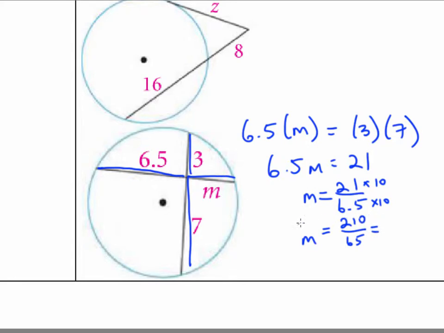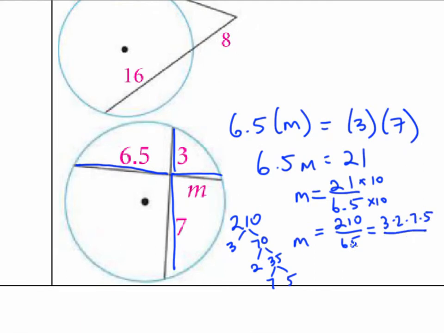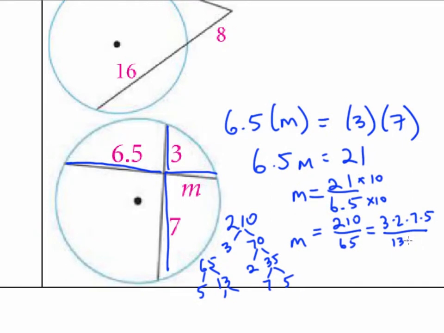So 210, that's like 3 times 70, right? 3 times 7, 21. 70 is 2 times 35, and that's 7 times 5. 65, well, that's 5 times, let's see, 5 times 10 is 50, and I need 3 more 5s, right? So 13. 13 cannot be broken down, so we're just going to get 13 times 5.